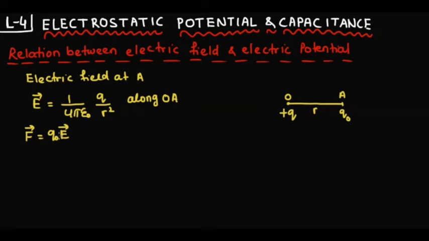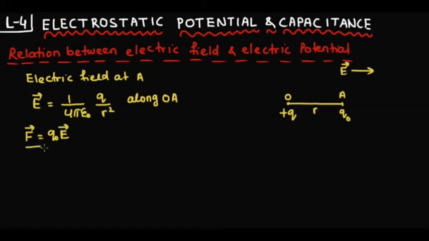We know that the test charge is always positive, and a positive charge experiences force along the direction of electric field. So since the electric field is towards right, the force is also towards right.